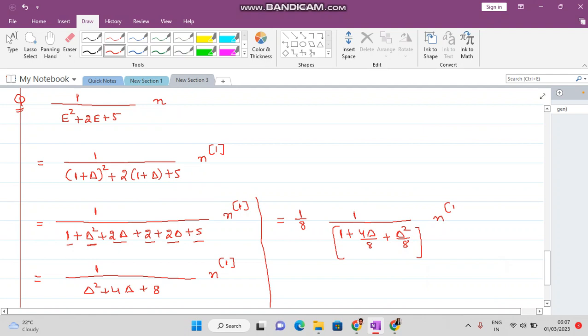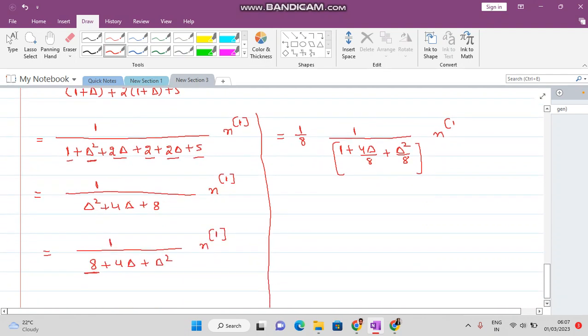Now write this denominator in ascending powers of delta. First of all, write the constant term, then the term containing delta, then the term containing delta square. Now, in order to apply the binomial expansion, this first term should be 1, so that is why I take 1 by 8 common from here.